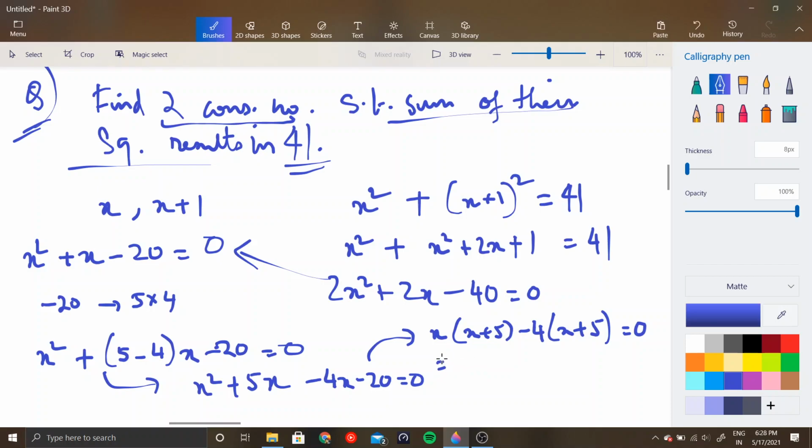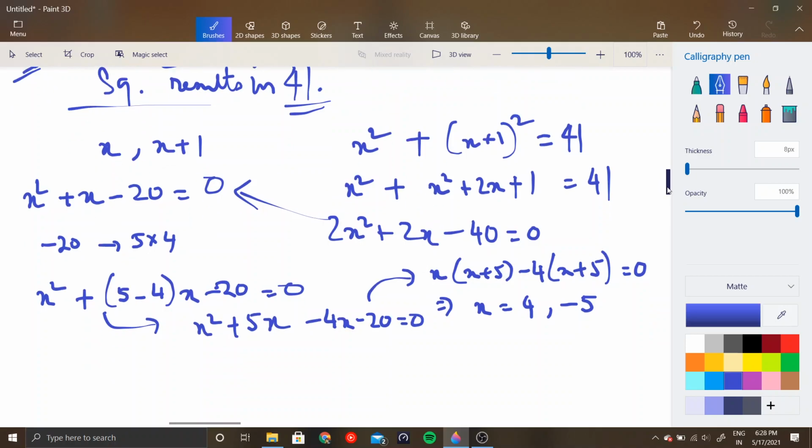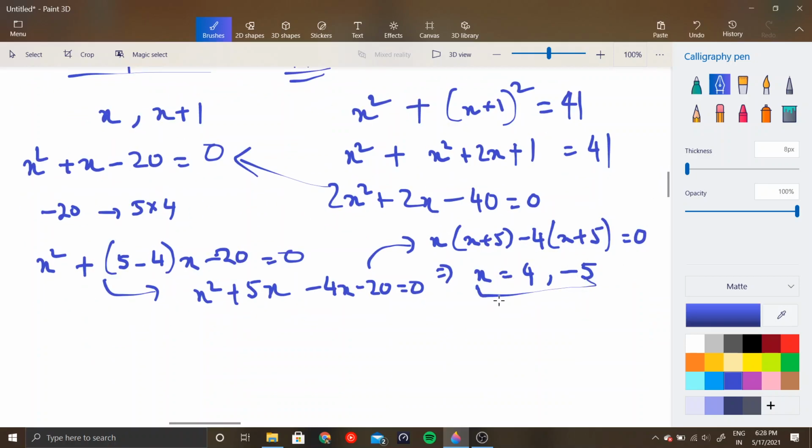So now x equals 4 or x equals minus 5. So the consecutive numbers are either 4 and 5 or minus 5 and minus 4.